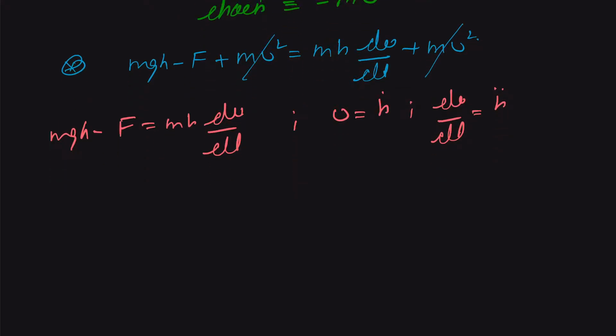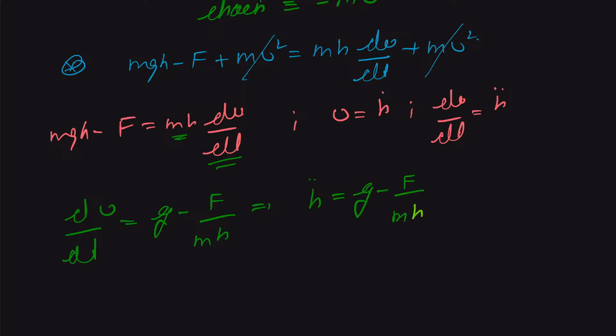Therefore we can write, because we are supposed to find its equation, dv by dt is equal to, we divide by mh, so this comes as g minus f upon mh, which gives us the double derivative of h is equal to g minus f upon mh.